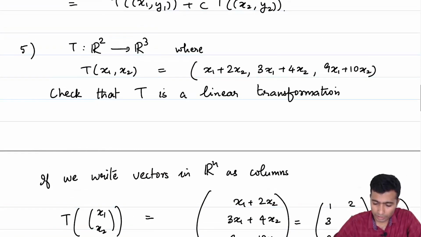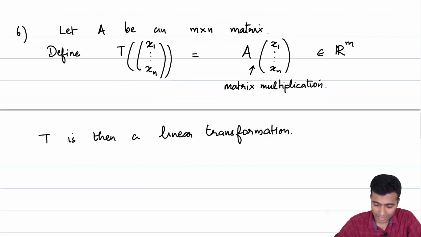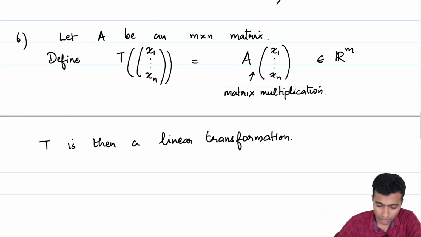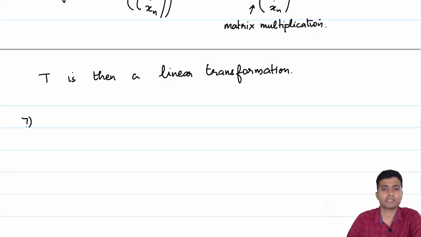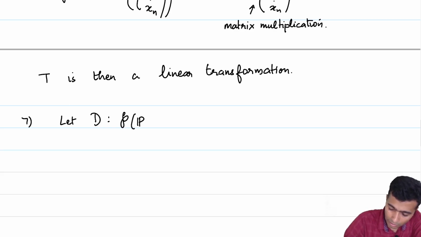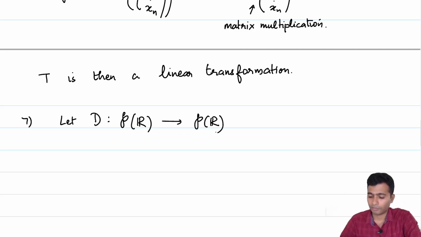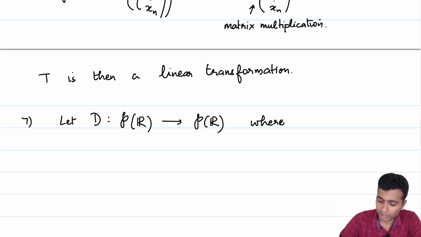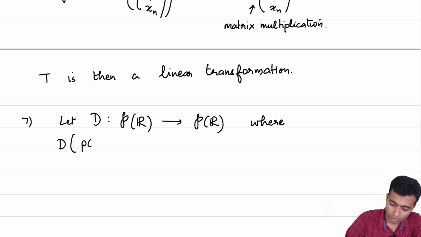We are only looking at linear transformations in Rn, but maybe the next example will tell you that it is not necessarily restricted to just Rn, obviously not. This actually has a classical notation to it. Let D be the map from P of R to itself, where D of a polynomial p is its derivative p prime of x.